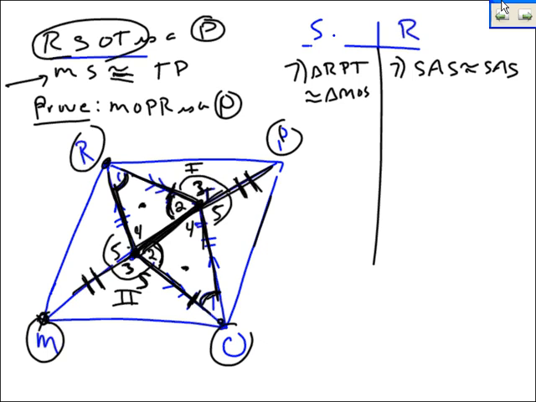And now I can say that RP and MO are congruent, because they're both opposite angle 3. So number 8, MO is congruent to RP. Corresponding parts of congruent triangles are congruent. Now I have one pair of opposite sides equal.